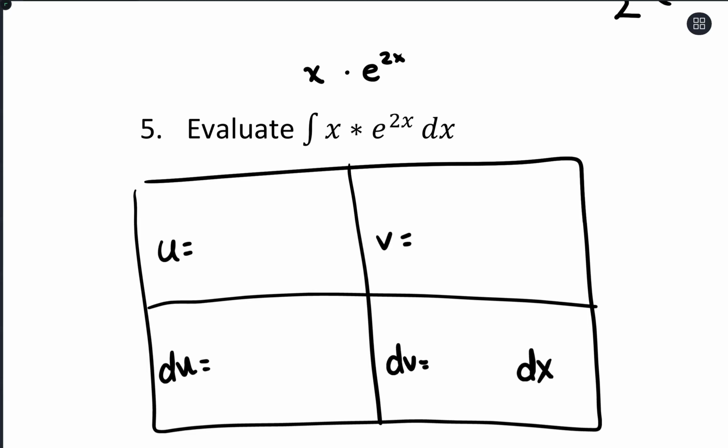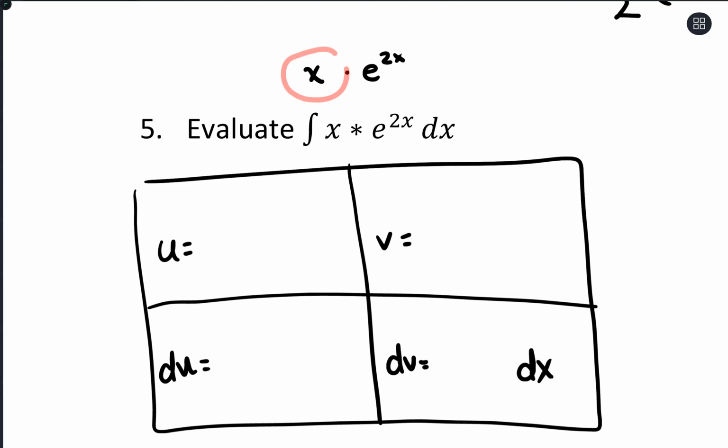Now, something we talked about before is e to the x is really nice to take the antiderivative of. However, with 2x in that exponent, it gets trickier. So I don't want to take the antiderivative of that. It's not impossible, but it'd be easier to take the derivative of that using the chain rule.